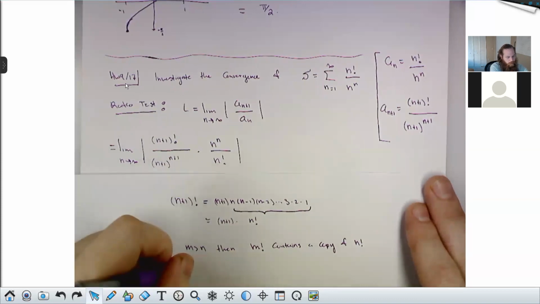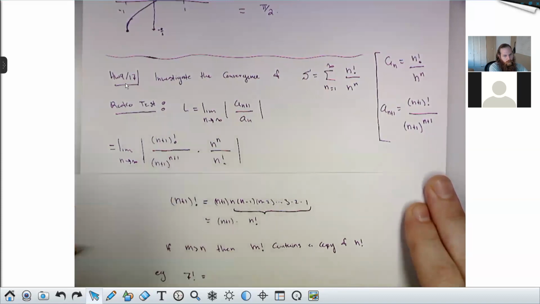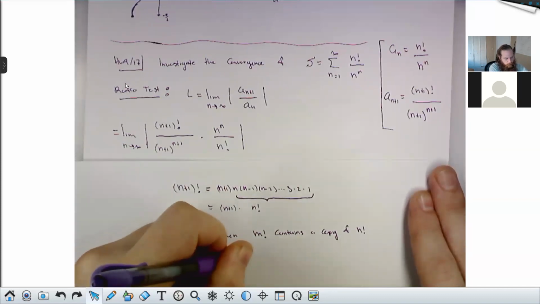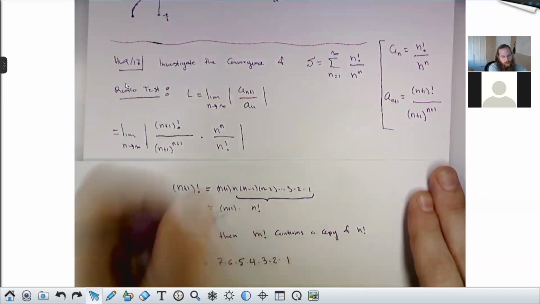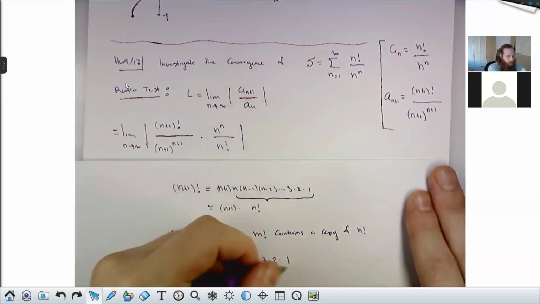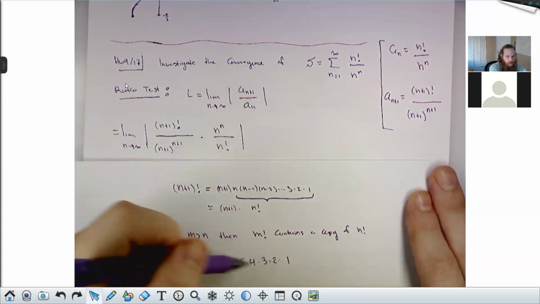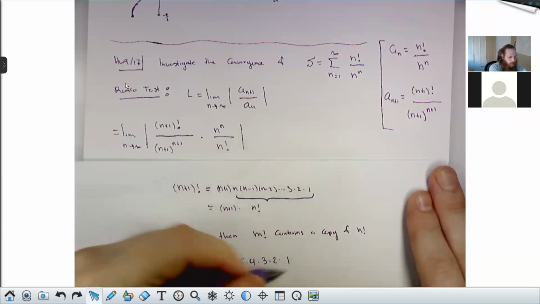For example, 7 factorial is 7 times 6 times 5 times 4 times 3 times 2 times 1. This has a copy of 4 factorial in it right here. It also has a copy of 5 factorial in it right here. It also has a copy of 6 factorial in it right here.